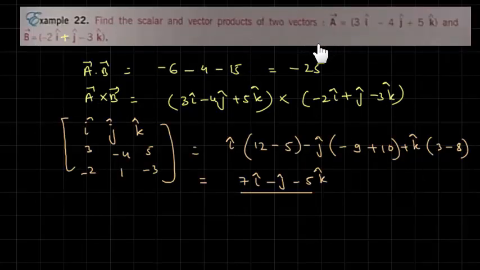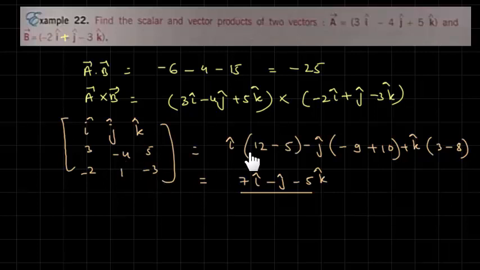Find the scalar and vector products of two vectors A and B. So scalar product is pretty straightforward: 3 times minus 2, minus 4 times plus 1, plus 5 times minus 3. And the vector product can be done with the matrix method. So you take this quantity first, you write i cap times, you do this first and then this.